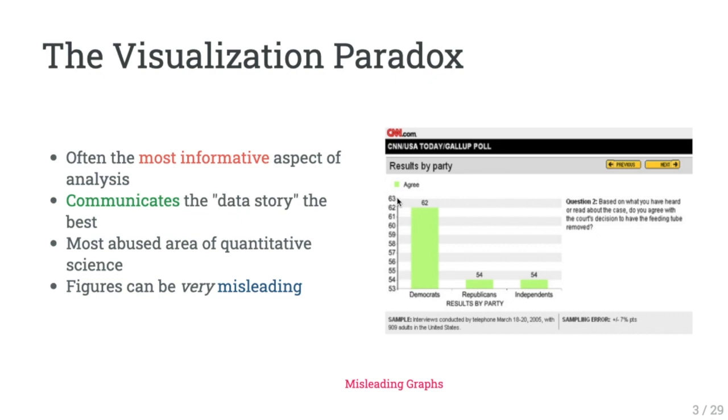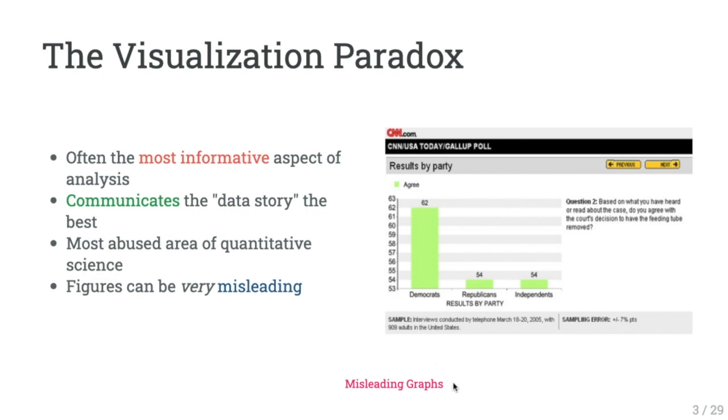So they're only showing a 10-point scale, even though it really should be like a 62-point scale. What this does is it immediately gives a false impression. Even though the numbers are actually correct, because they took away the baseline, which is really important for a bar graph, it can give the wrong impression.